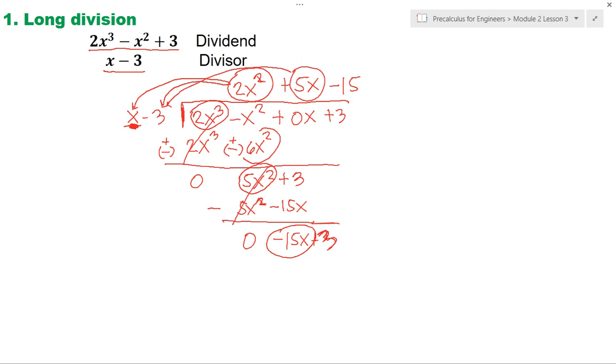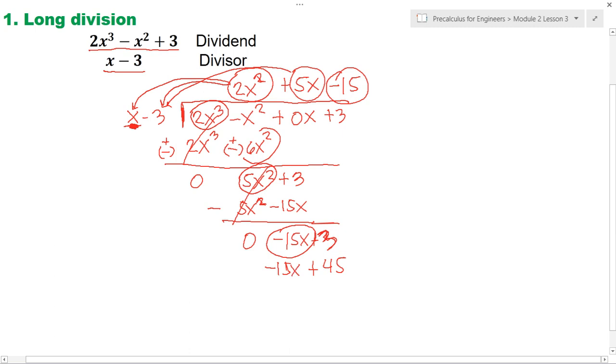So, again, we multiply negative 15 to our divisor. So, negative 15 times negative 3, we have positive 45. Then, negative 15 times x, of course, negative 15x. Then, perform the minus operation. So, negative 15x minus negative 15x, makancel na ito.